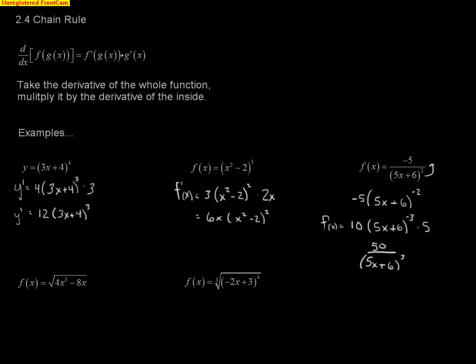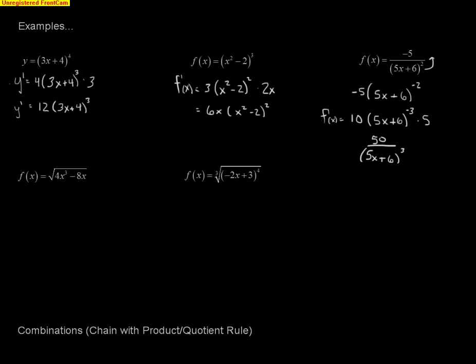Let's take a look at a couple examples here that have radicals. And so the first thing we got to recognize is that we have a square root. So we'll rewrite that as 4x cubed minus 8x to the positive 1/2. And so now we can do the derivative of the whole thing with the power rule.